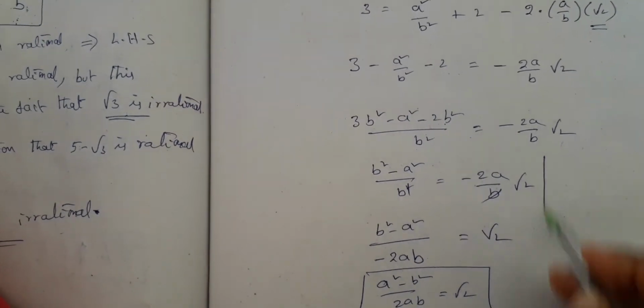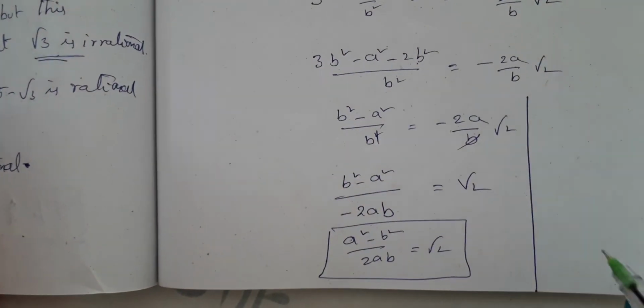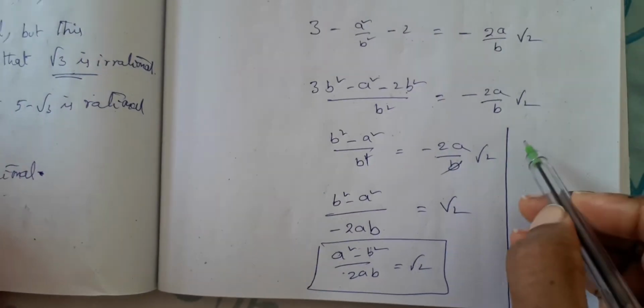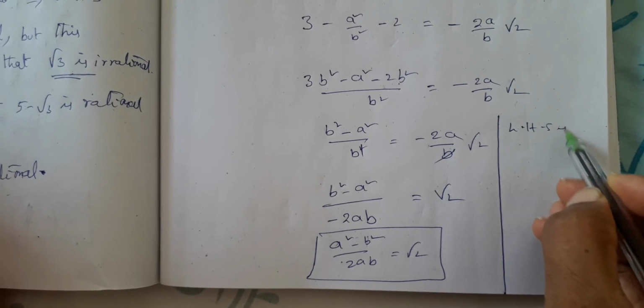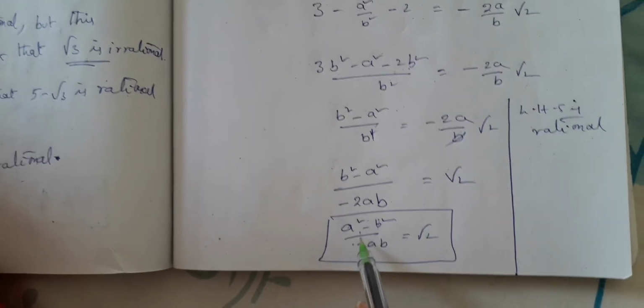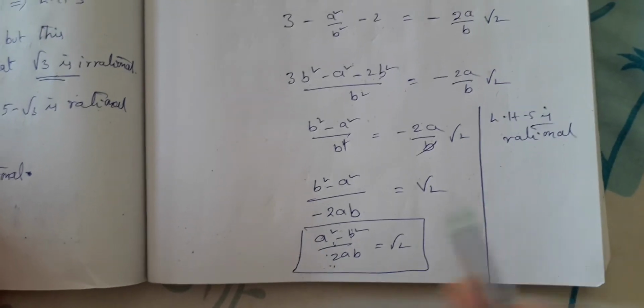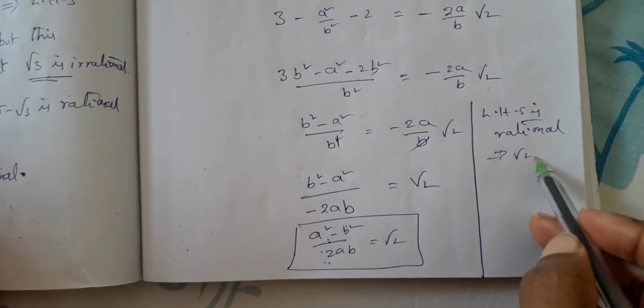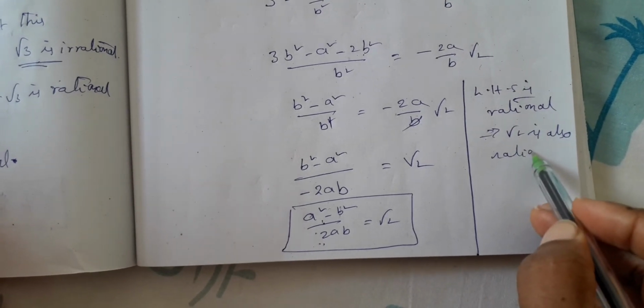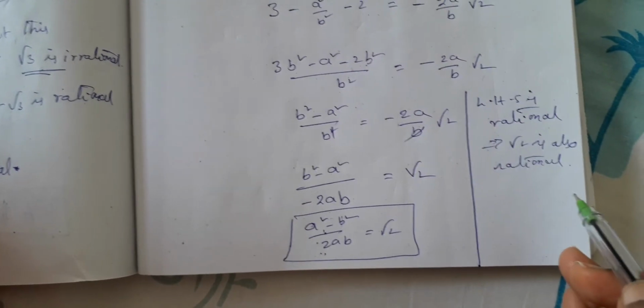So how do we write the conclusion? We can write the conclusion saying that your LHS is again rational. LHS is rational. Right? So this quantity is a rational number. That implies root 2 is also rational. But what is happening?